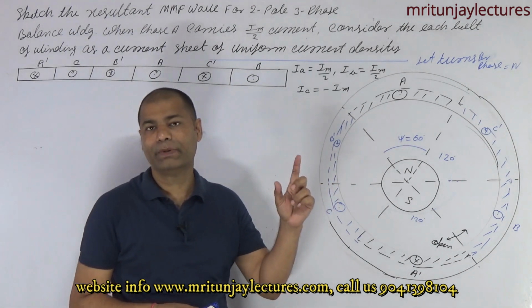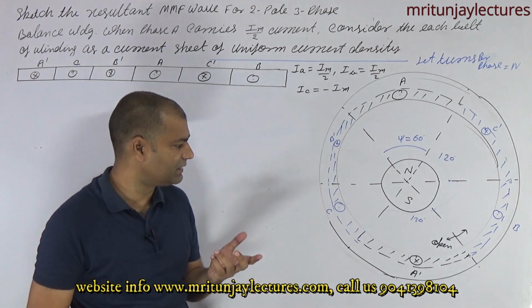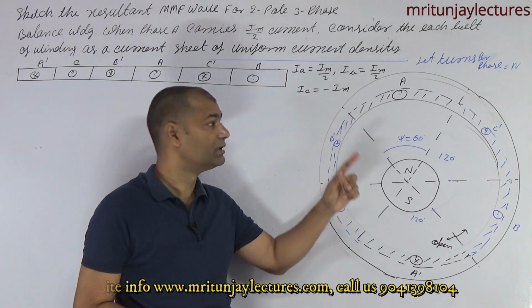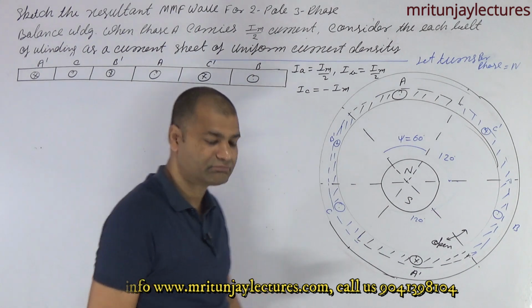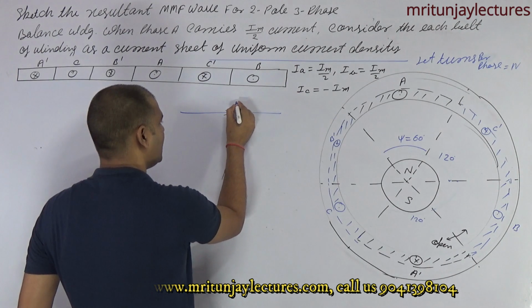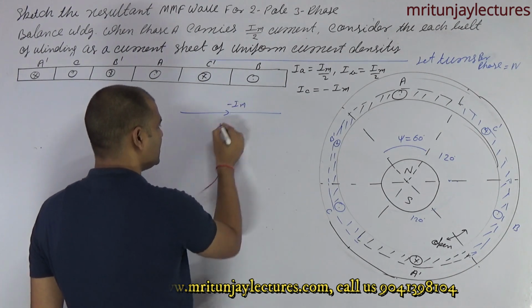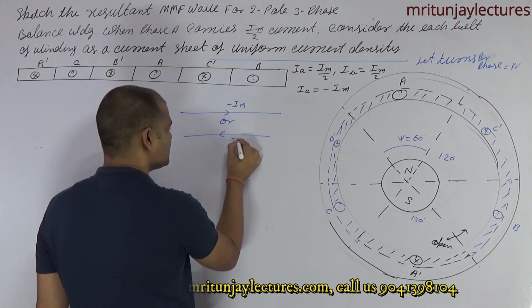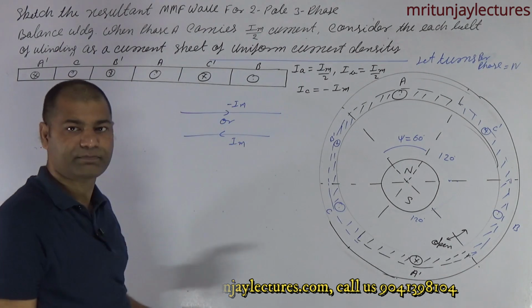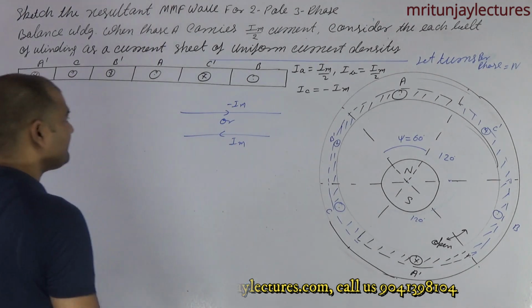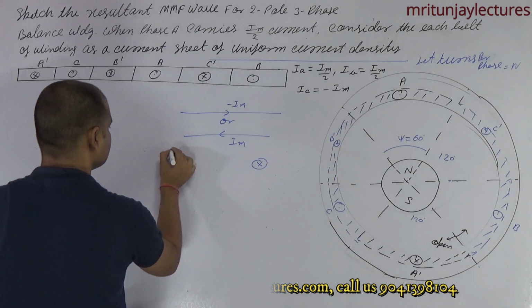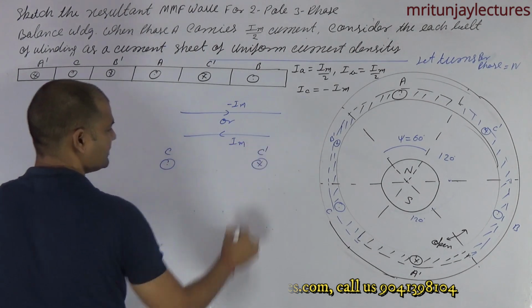But at the instant omega t is equal to 60 degrees, what about IA? Im by 2. What about IB? Im by 2. But what about IC? That is minus Im. What is the meaning of this? If a current Im is going through like this one, minus Im, you can represent it like this, both are the same thing, meaning C dot cross C and C dash.